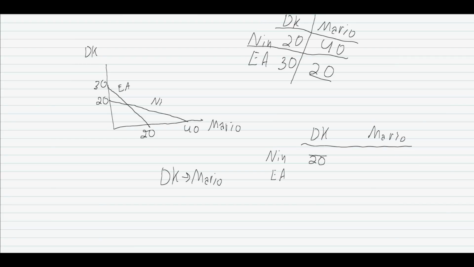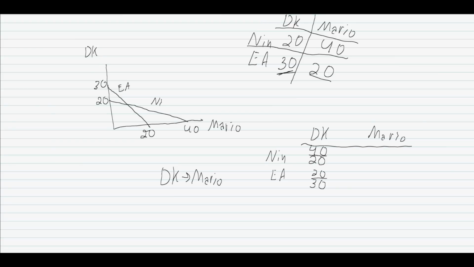EA's for making Donkey Kong is 30. Next, put the other game, how many Mario games they can make, in the numerator. Nintendo can make 40, and EA can make 20.